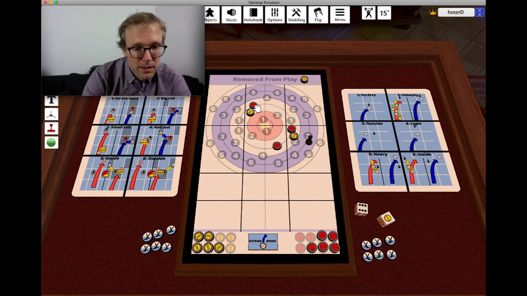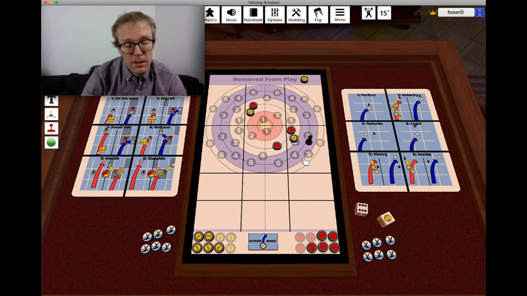Nothing outscores that. The 3 red stones are 3 rings from the center, and this other yellow stone, which was also frozen to a red stone, the 2 red stones that were frozen to are tied. But this stone here is actually outside that, so it's 3.5 rings away. So that's how we're going to deal with freezes.